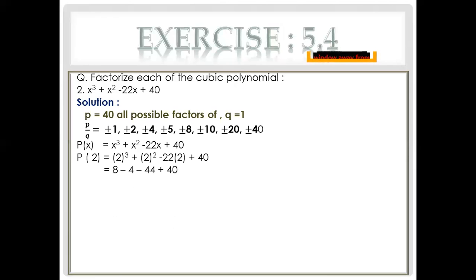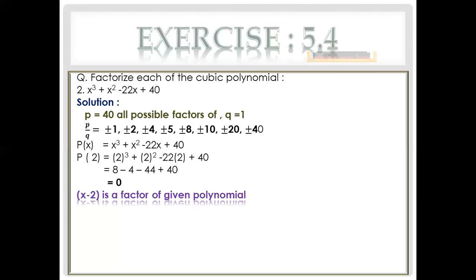After simplifying, you calculate all the values with the calculator and you see that the remainder becomes 0. It means we got our first factor, which is x minus 2. And you remember in 5.3, when x minus 2 is given, it means that we are putting x equal to 2. Same here, we put x equal to 2.